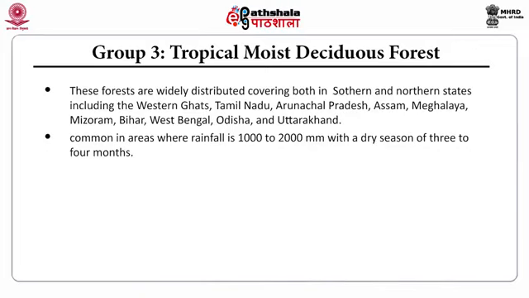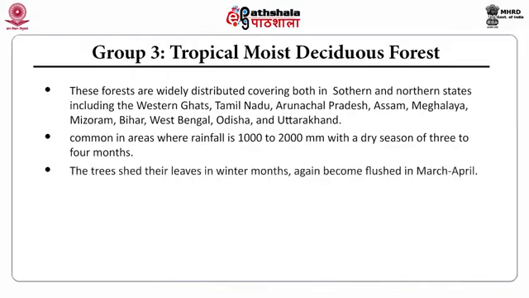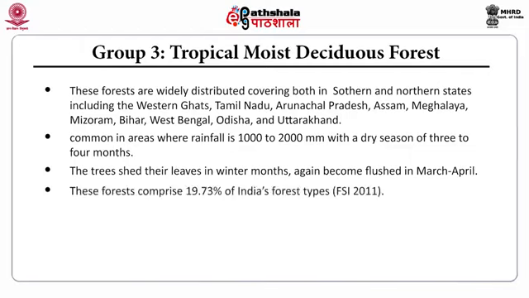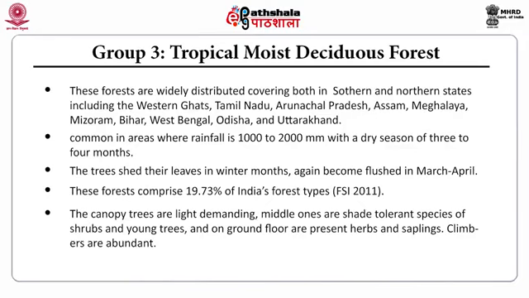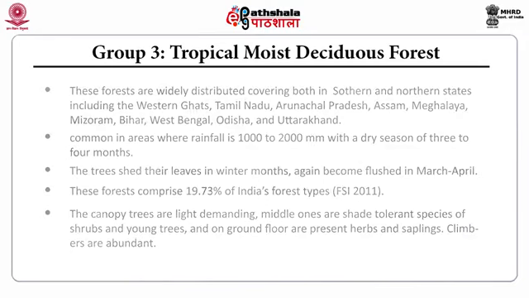Common in areas where rainfall is 1000 to 2000 millimeter with a dry season of 3 to 4 months. The trees shed their leaves in winter months, and again become flushed during March and April. These forests comprise 19.73% of India's forest types according to the FSI report 2011.